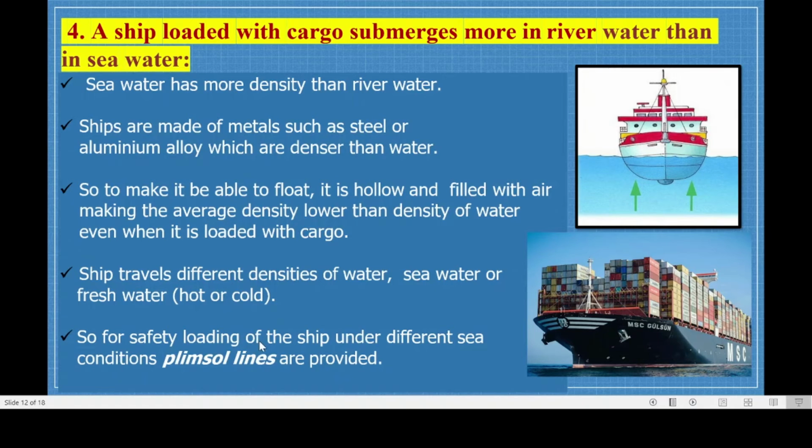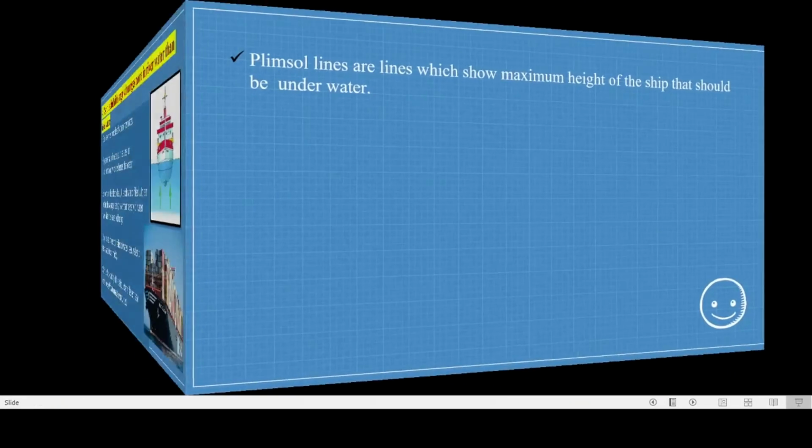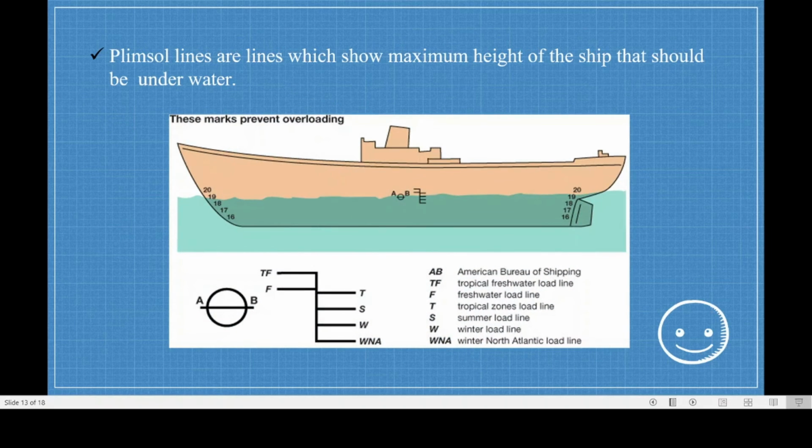So for the safe loading of the ship under different sea conditions, Plimsoll lines are provided. Plimsoll lines show the maximum height of the ship that should be underwater. Look at the diagram. TF denotes the tropical freshwater load line, F the freshwater load line, T the tropical zone load line, and S the summer load line.